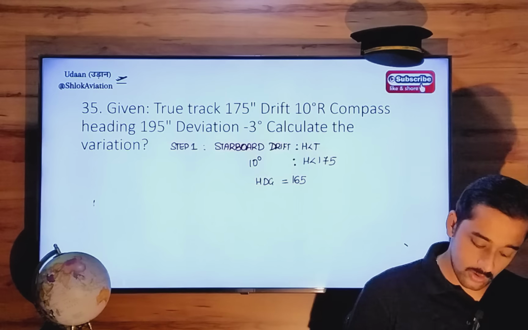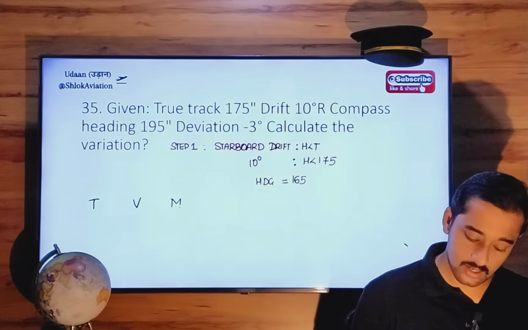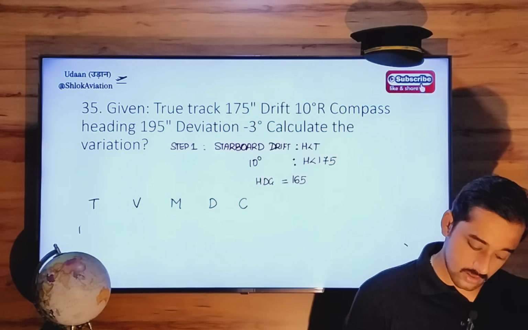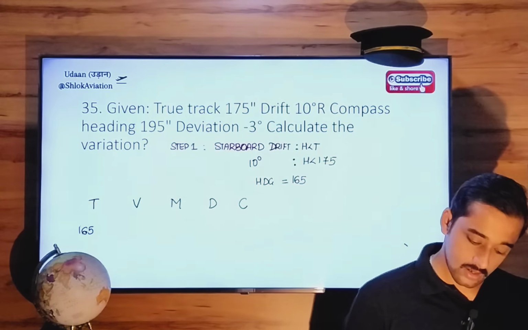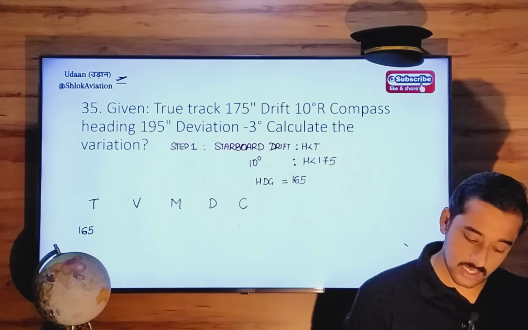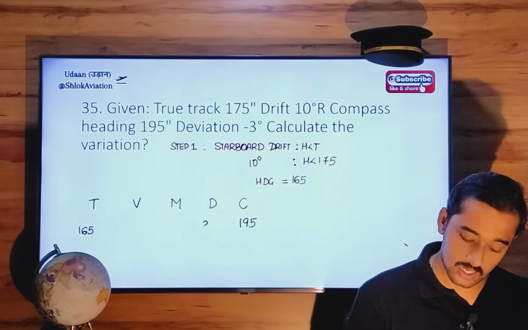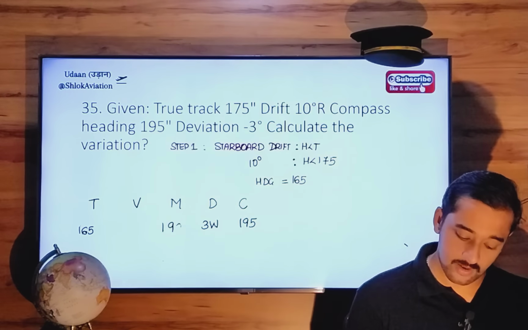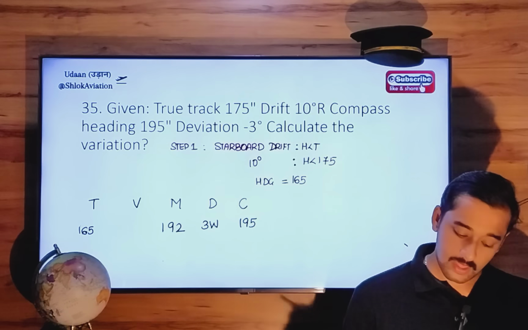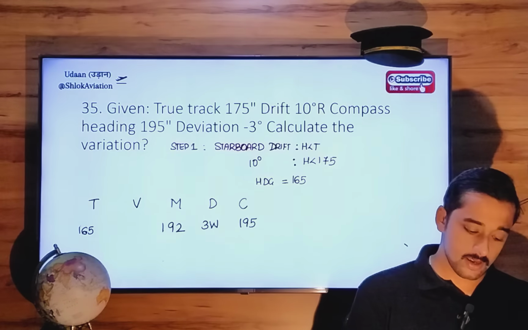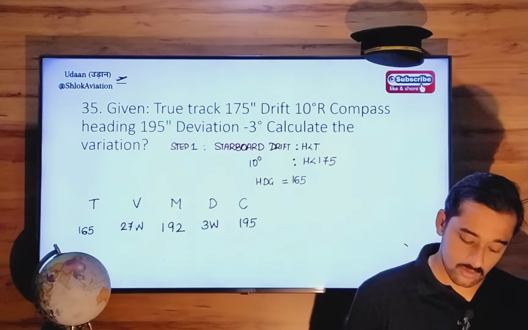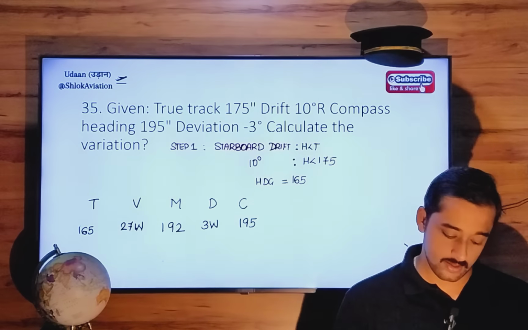So true heading 165, compass heading 195, deviation 3 west. So magnetic heading will be 192. Deviation west, compass will be best. Now 192 minus 165 is 27. So 27 west will be your variation.